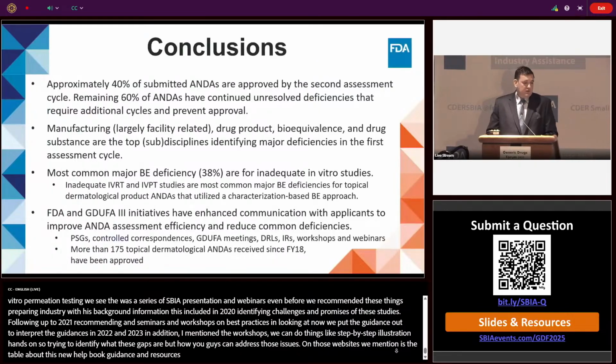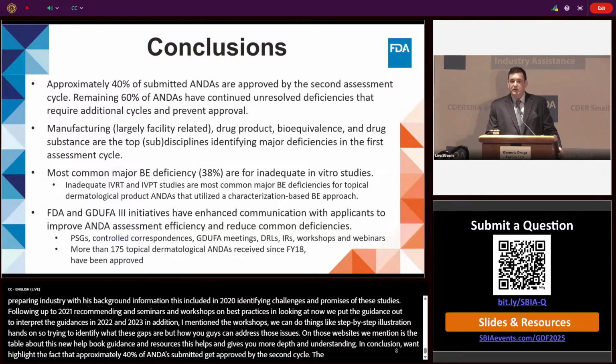So in conclusion, I want to really highlight the fact that approximately 40% of our ANDAs that are submitted get approved by the second cycle. The remaining 60% of the ANDAs, I think that's an aspect where industry and FDA need to identify what needs to be done: more clarity from us, as well as industry needing to take more on to ensure that you are submitting high quality submissions, so that when you get your first CRL, those deficiencies are clear and you fully address them.